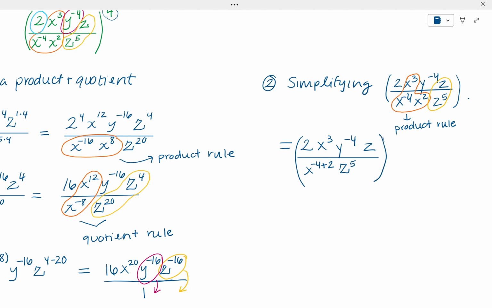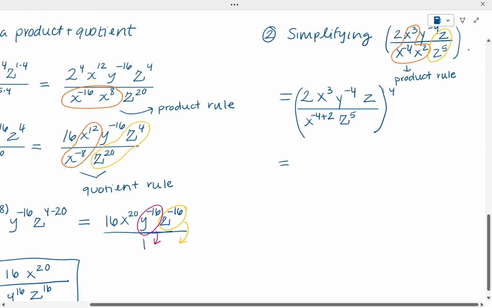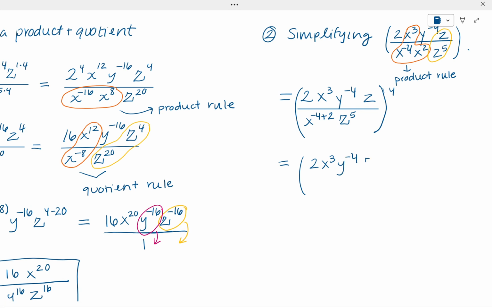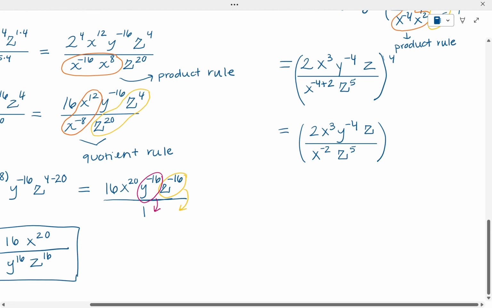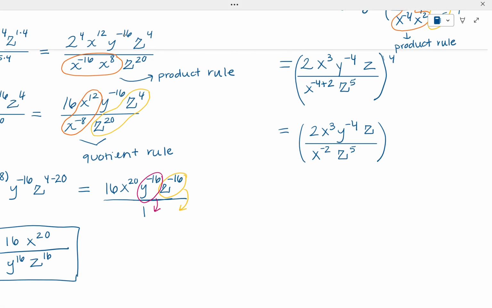And this is all raised to the 4th power. And so this becomes 2 times x cubed times y to the negative 4th times z over x to the negative 2 times z to the 5th.